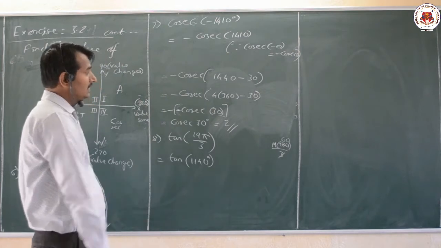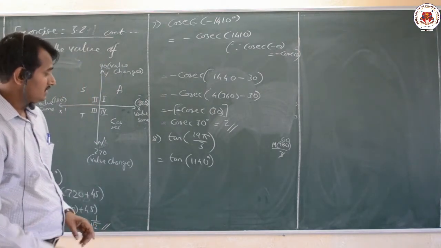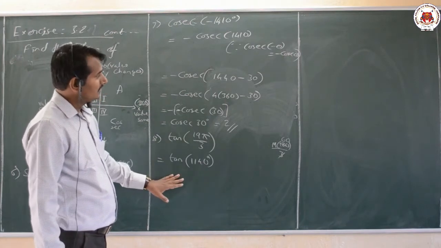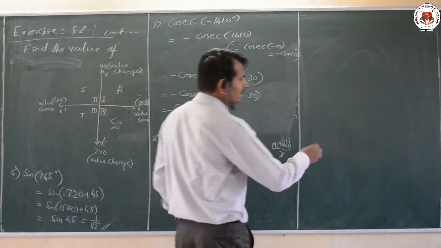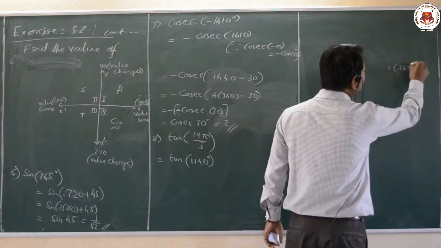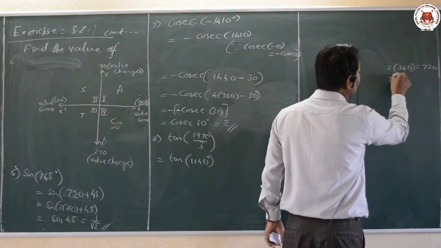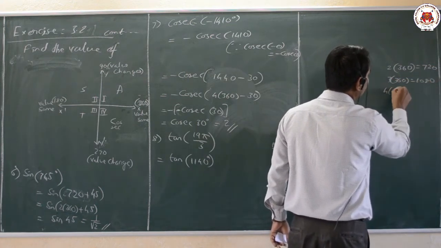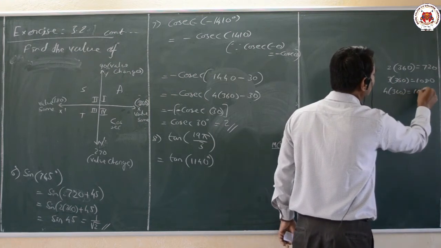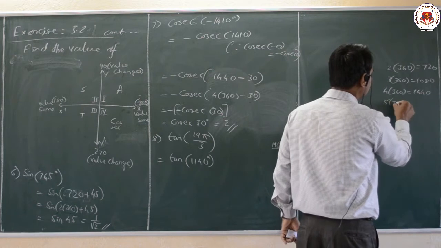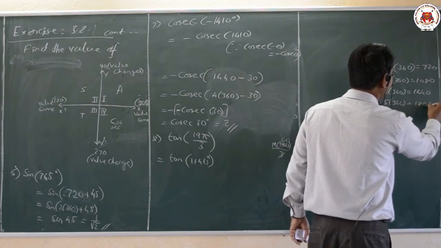Now this particular value, how do we require to solve it? Just now we had seen about the tan of, what is the value now here? 360. Multiples of 360: that is 360, then 2 into 360, that is 720. Then 3 into 360, that is 1080. And next 4 into 360, the value is 1440. And then 5 into 360, the value will be 1800.